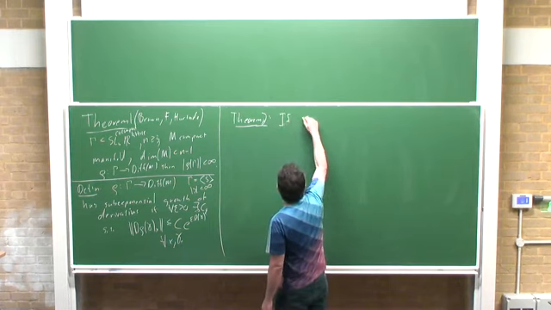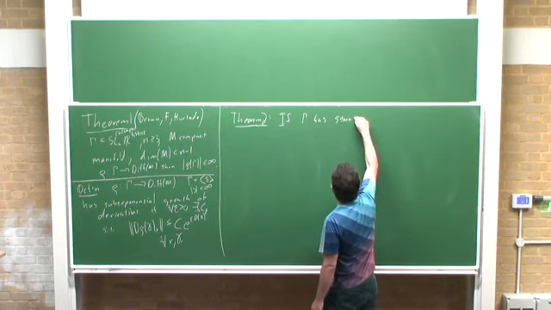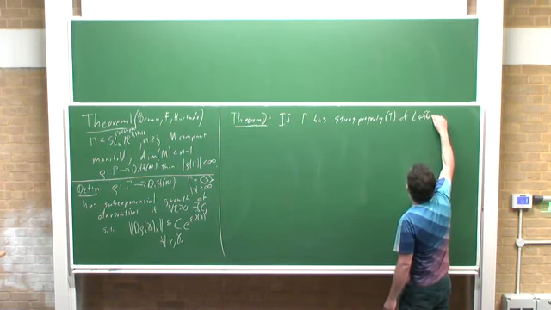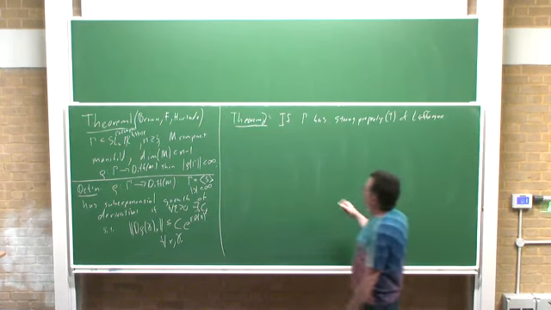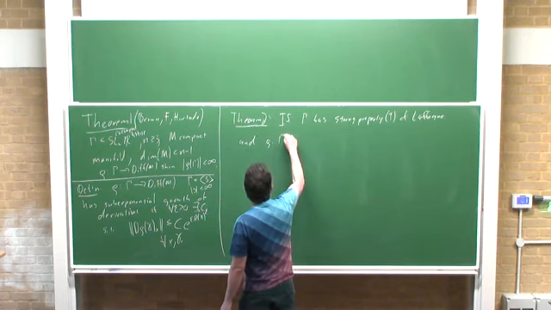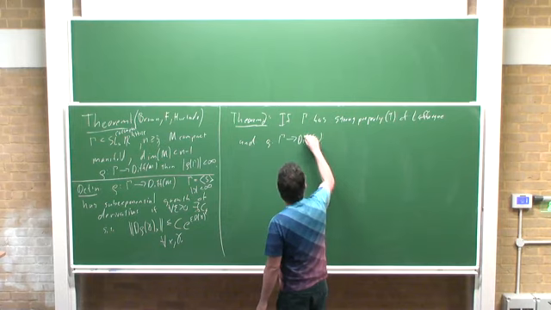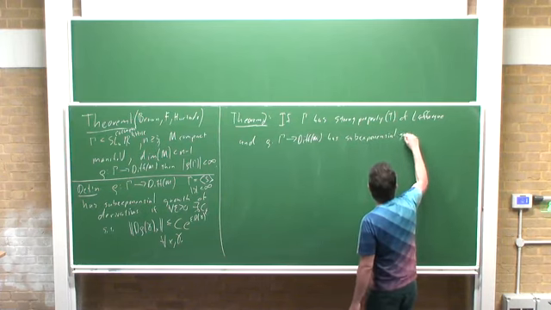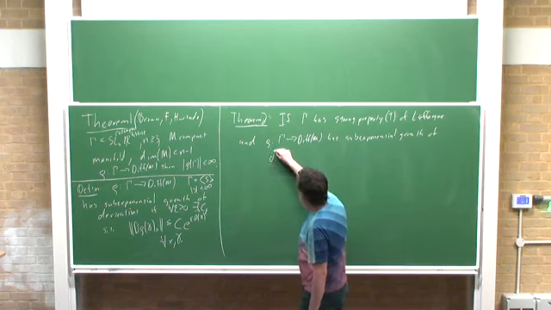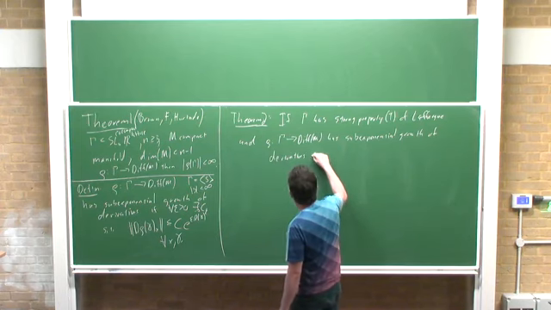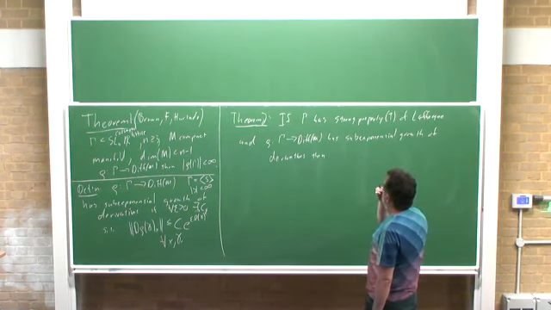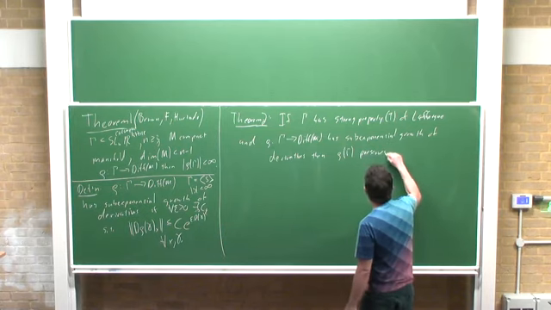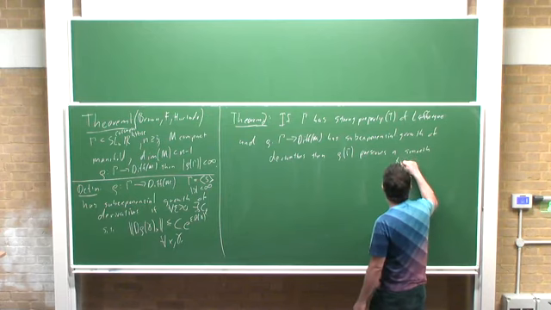So it says that if gamma has something that we will call strong property T of Lafforgue, I'll be dropping the of Lafforgue very soon, and rho from gamma to Diff(M) has subexponential growth of derivatives, then rho of gamma preserves a, I'm just going to claim, smooth Riemannian metric.